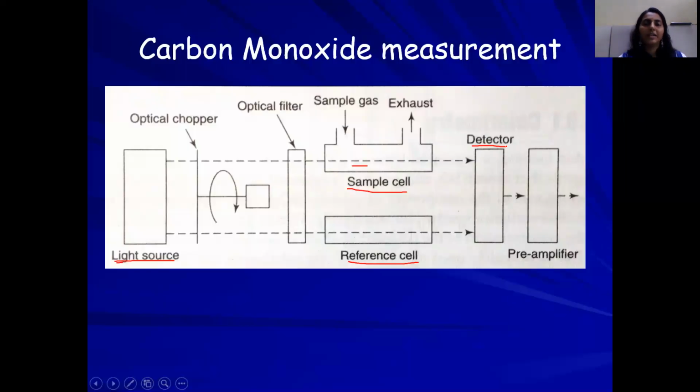This brings us to the end of industrial gas analyzers. We have covered the oxygen analyzer, carbon dioxide analyzer, and carbon monoxide analyzer. Then we have also covered nitrogen. We have covered nitric oxide.